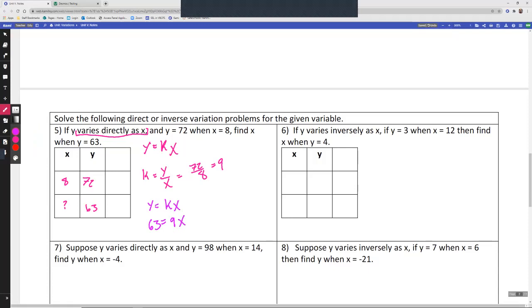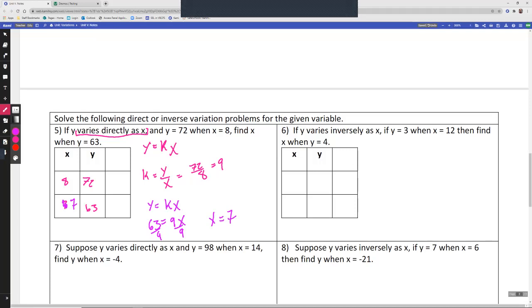To solve for x, you divide by 9. And this is a pretty easy one right here. If you know your times tables, you know 9 times 7 is 63. So 63 divided by 9 is going to give us that x is equal to 7. So we come over here. We know that it's not a question mark anymore. It's a 7.